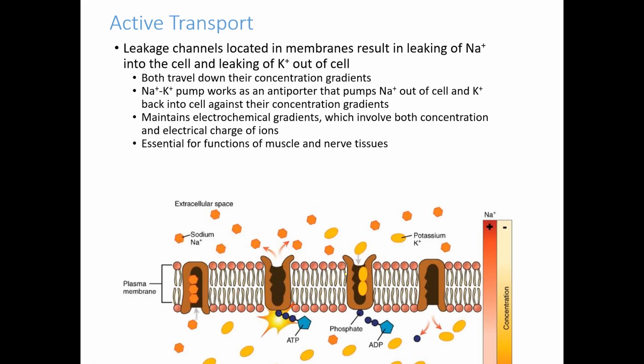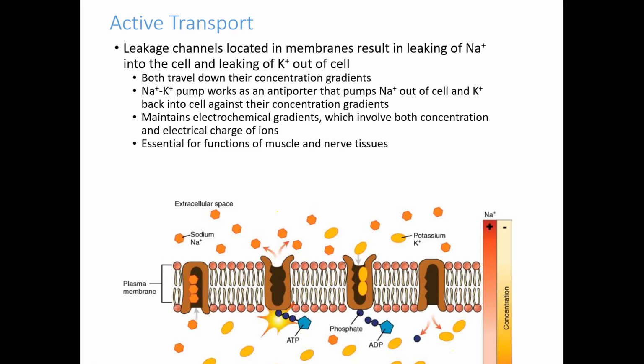After the sodiums are gone, we see 2 potassiums come in, and their presence in the pump will cause the outside of the pump to shut and the inside to open, allowing the potassiums to come in. We're ready for more sodiums.